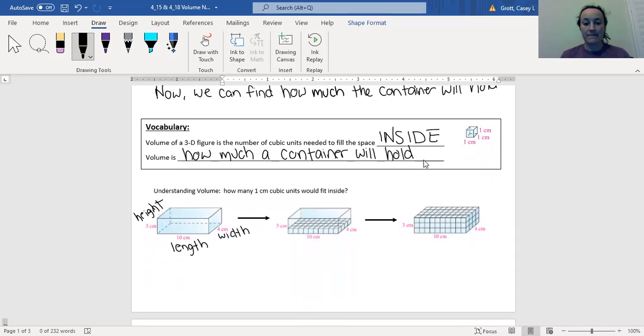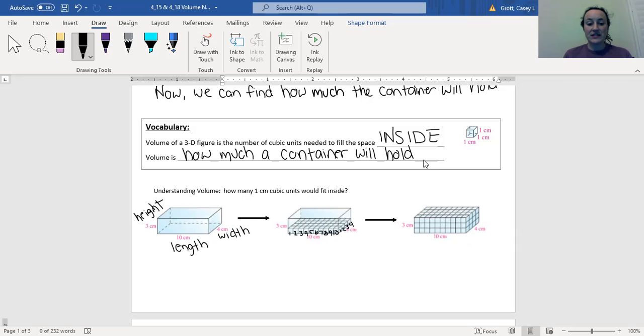If we look at the first picture, we've got 1, 2, 3, 4, 5, 6, 7, 8, 9, 10. Okay, so looking at it, we just filled in 10 blocks. Okay, going this way, we did 1, 2, 3, 4.